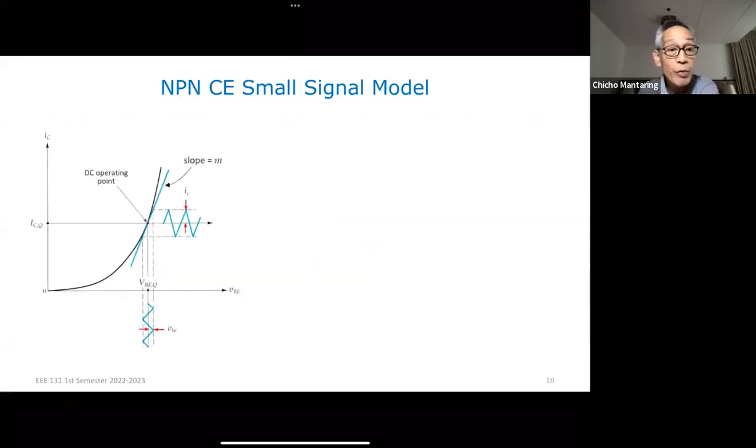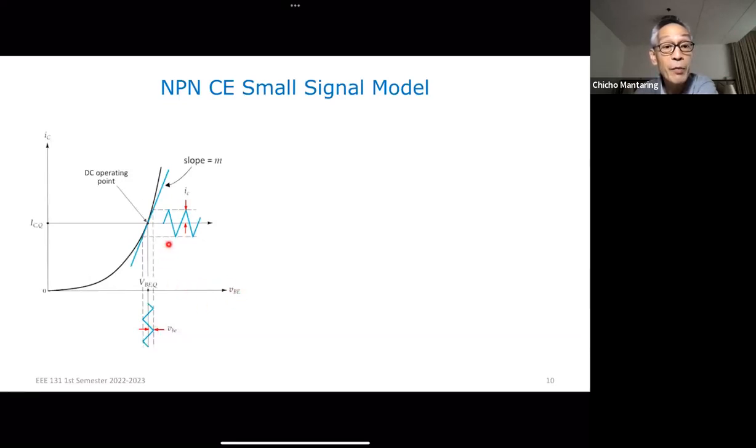So again, what will happen if I have a change in VBE? Note now the subscripts. This is now V small b small e because it is only the time varying quantity. So let's say V small b small e is a positive increase in VBE.